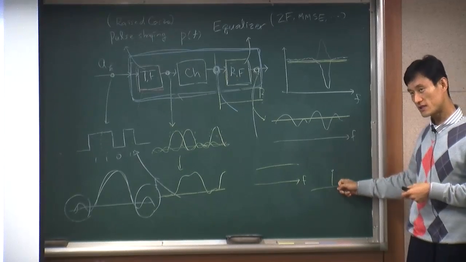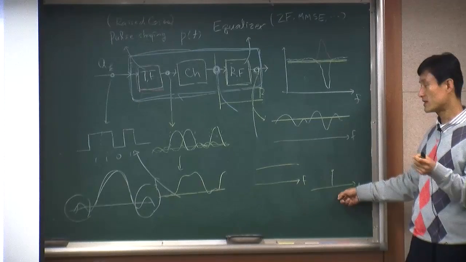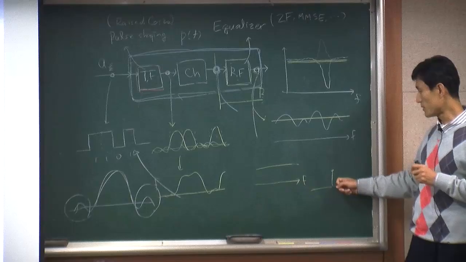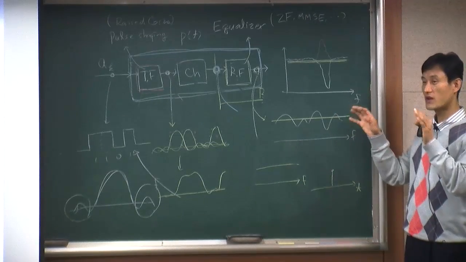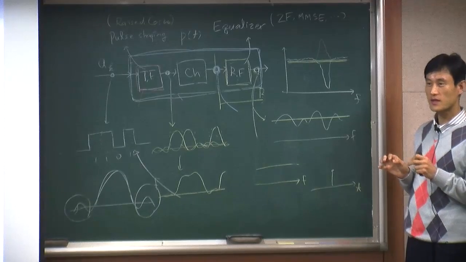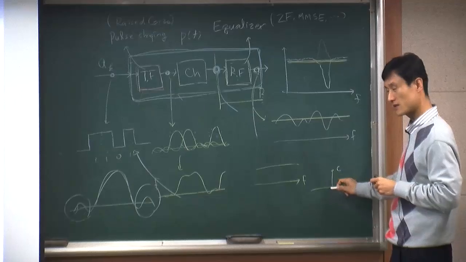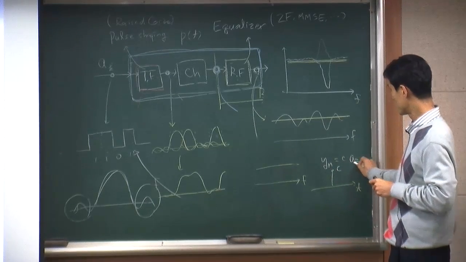By making this impulse response, just a single tap, now we can see that there's no intersymbol interference, right? Once we make it this way, that means we have input and output with a very simple relationship, like y_n. Let's say there's a c here, then the output y_n is c times a_n.